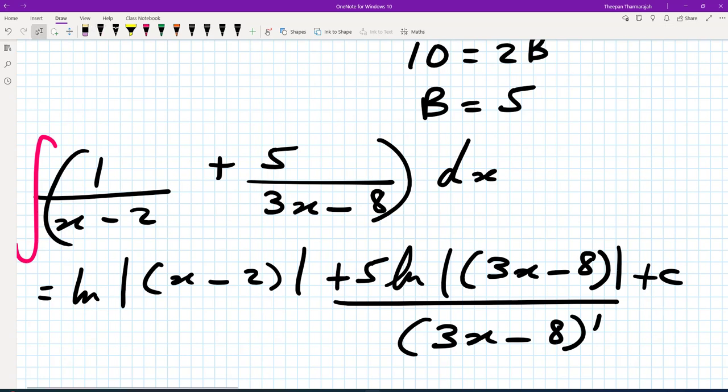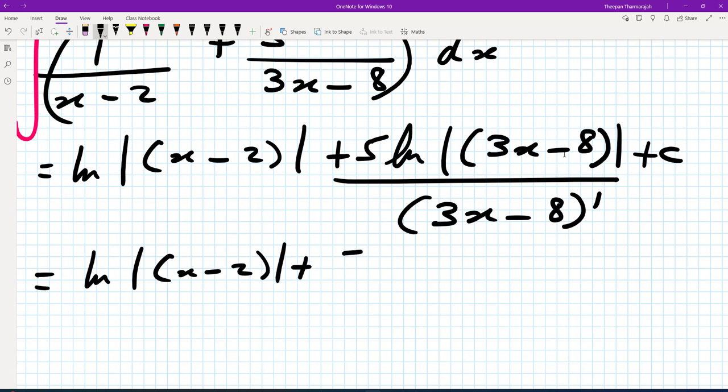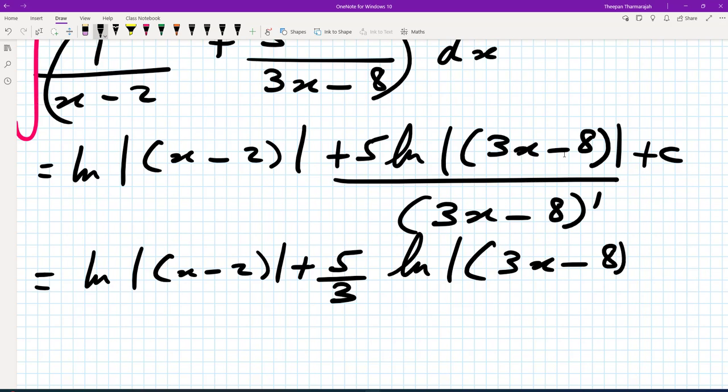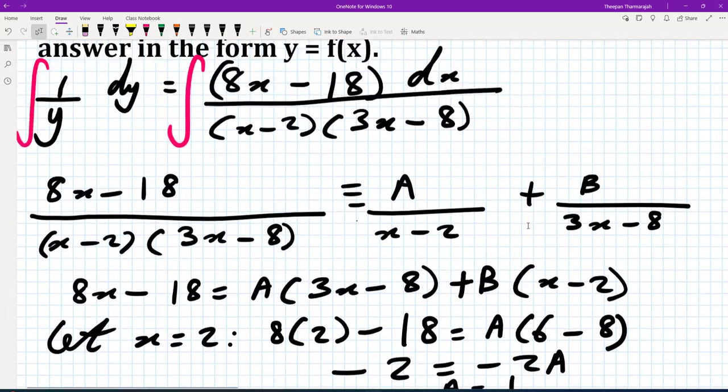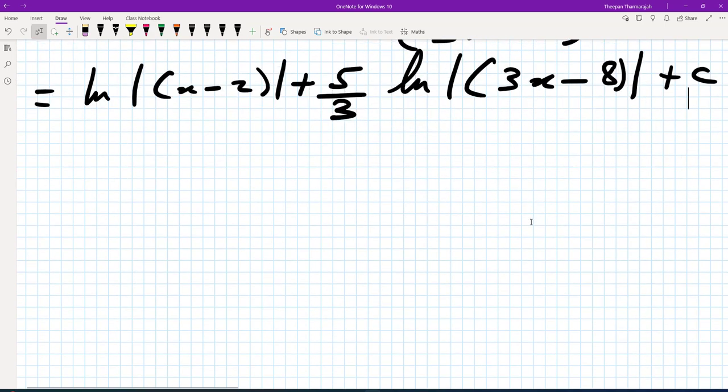Now, what we have is the following. So we get ln mod x minus 2 plus 5 over 3 ln mod 3x minus 8 plus c. Now, we've got some boundary conditions, so we need to substitute that in. So x equals 3 and y equals 8.